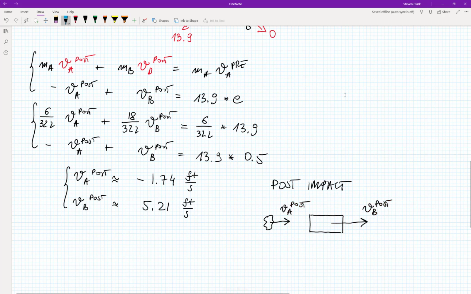Our VB post will be 5.21 pointing this way, but VA post will be pointing this way. Our bag will rebound off of that block. So this VA post will be pointing this way, and it will have magnitude 1.74.